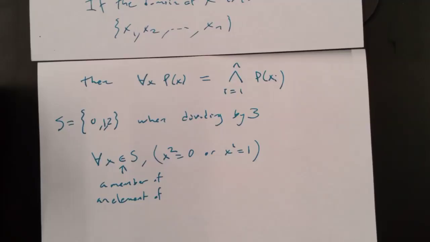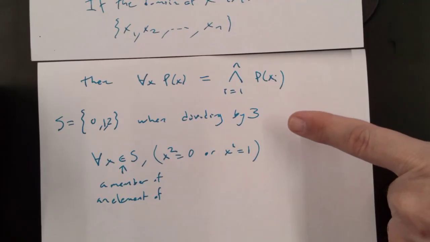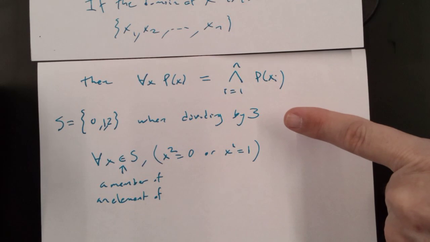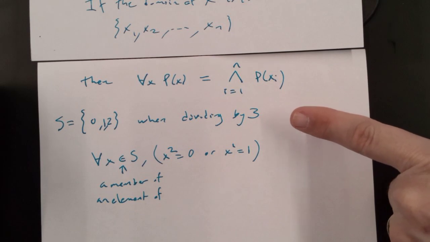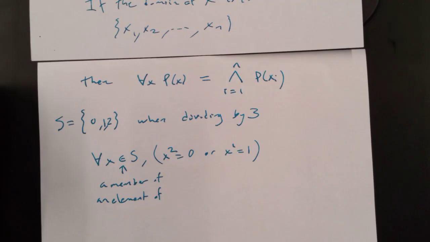But I can actually physically check, can't I? What's 0 squared? That was easy. What's 1 squared? What's 2 squared? Wait a minute. I have to divide by 3 and take the remainder. What's 4 divided by 3? 1 and 1/3. The remainder is 1. It works. But I could literally go through and check every individual case.